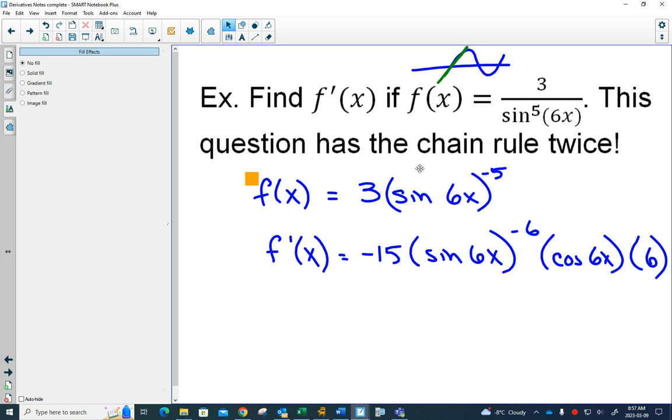Derivative of my outside function, though, -5 comes out in front, I subtract 1 from the exponent, and I keep the inside the same. Then I multiply by the derivative of the inside, and the derivative of the inside is another chain rule. My outside function is sine, so the derivative of sine is cos. I keep the inside the same, 6x, and then multiply by the derivative of the inside function.